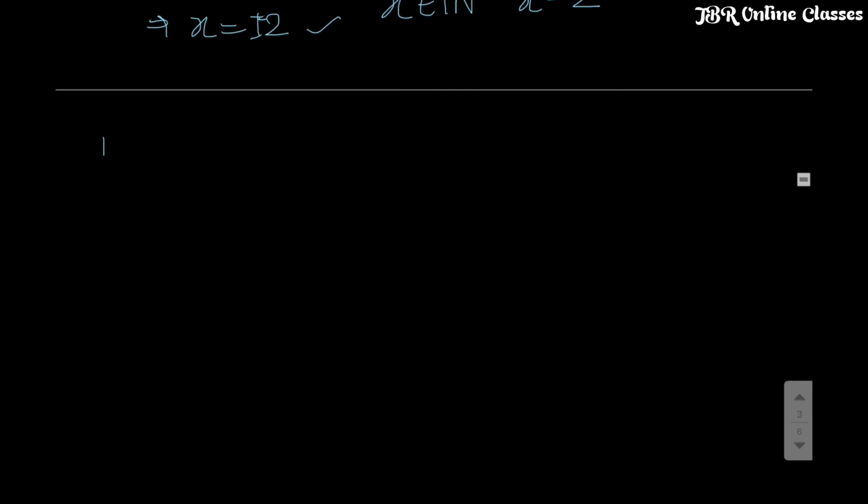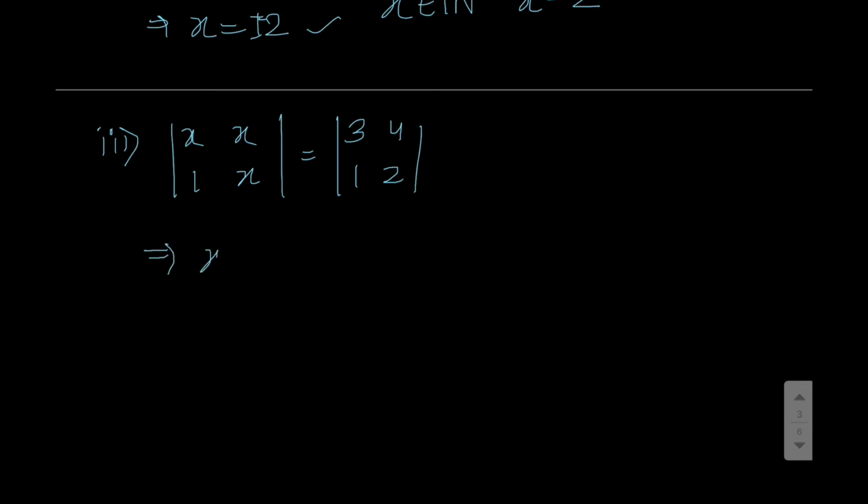Here in sum number 8 part 3, the determinant is x, 1, x, and that equals 3, 4, 1, 2. So now find the positive value, you have to find the positive value only. So x square minus x equals 6 minus 4, that means 2.